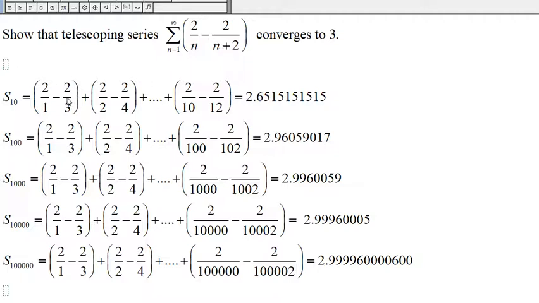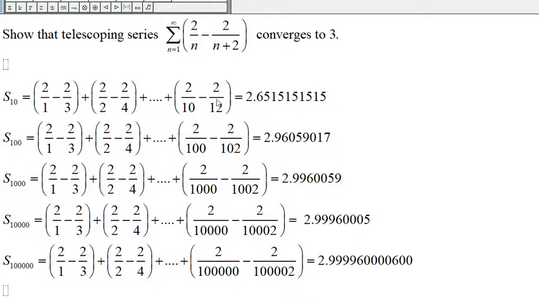So this is the first term. When n is 2, we get 2 over 2 minus 2 over 4. And when we get to the 10th term, when n is 10, we get 2 over 10 minus 2 over 12.